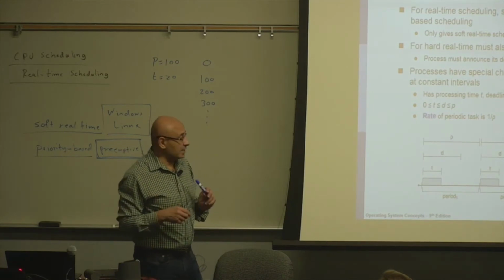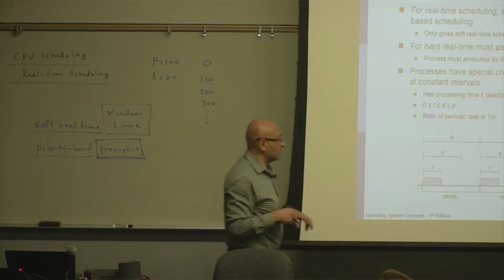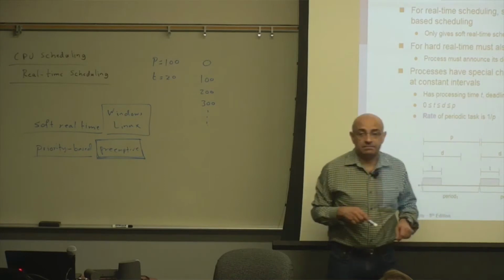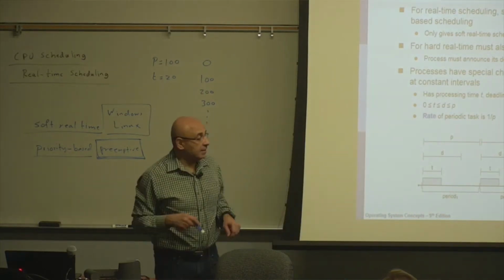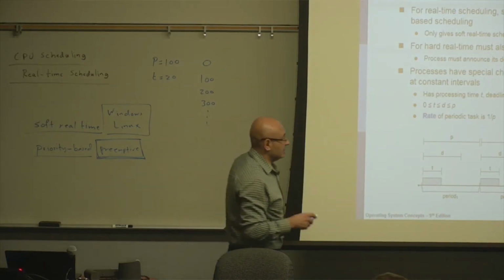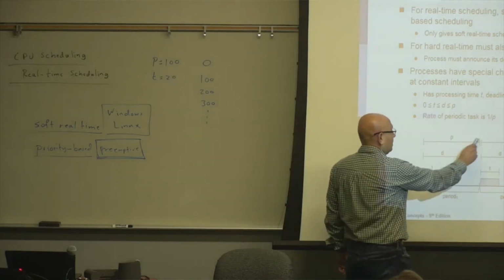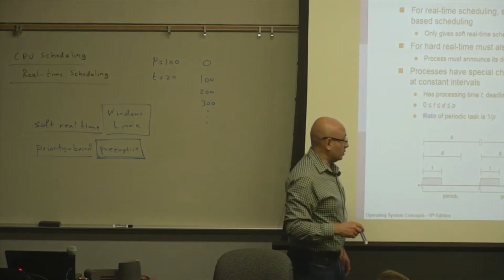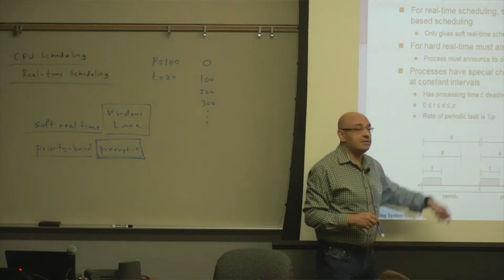So we want to execute a CPU burst before the next burst arrives. Basically, our deadline D cannot exceed P. So it must be greater than T, but it cannot exceed P.